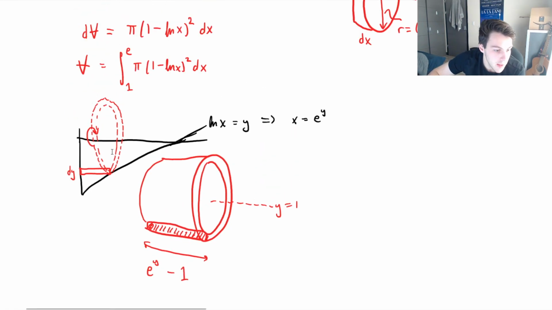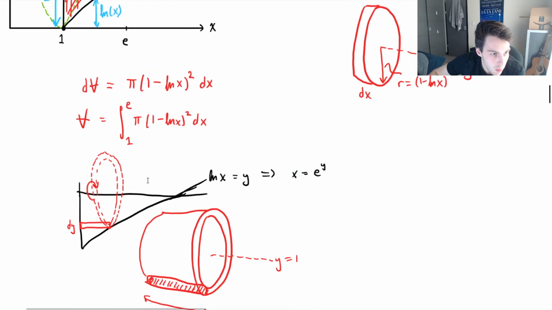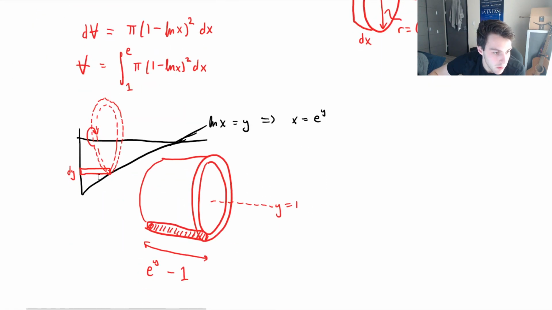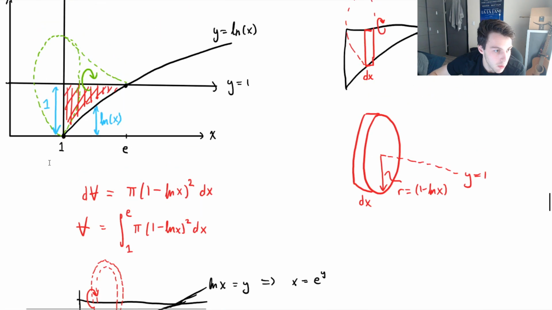That makes sense, because when we're at y equals 0, which is right here, that'll be e to the 0, which is 1. 1 minus 1 is 0. You can see we've got a horizontal length of that rectangle here. That'll be 0 at that initial point. And then as we get closer and closer to the top, we know that it will approach e to the y.